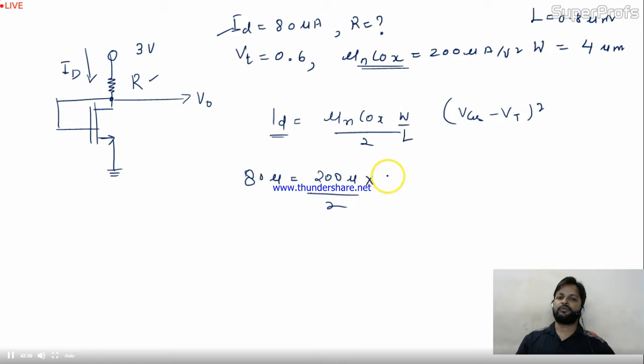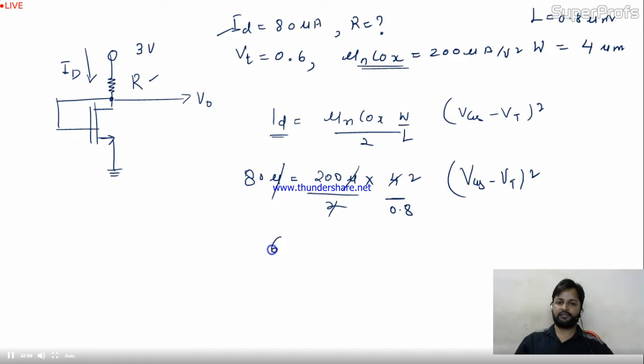Divide by 2. W is given 4 micro and this is given 0.8 micro. Micro will cancel out. (VGS minus VT) whole square. This micro will cancel out to this. And finally you have, this is 2. This 0.8 will come to this side. So this will be 64, and divide by 400 equal to (VGS minus 0.6) square.